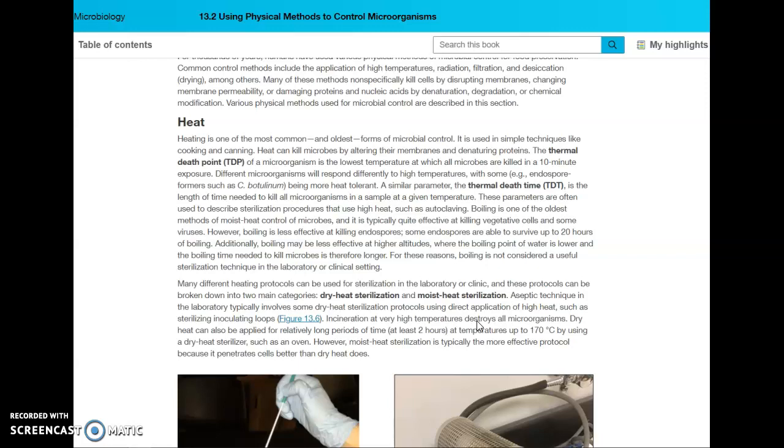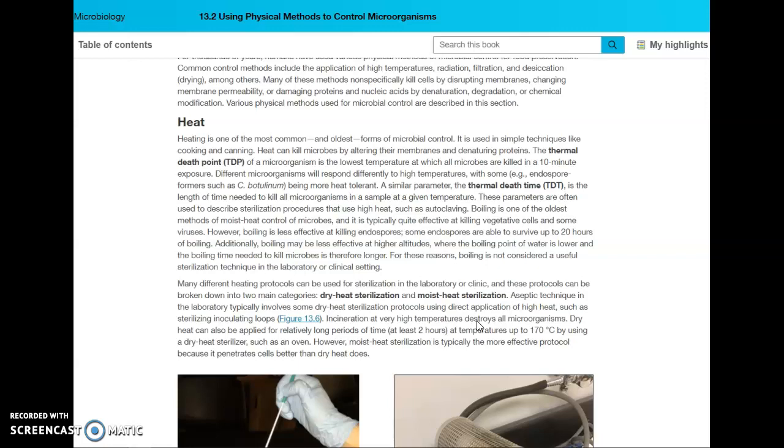We have a couple of definitions here: thermal death point and thermal death time. The thermal death point is the lowest temperature at which all microbes are killed in a 10-minute exposure. Okay, so the thermal death point is the lowest temperature at which, if you apply that heat for 10 minutes, it's going to kill all microbes.